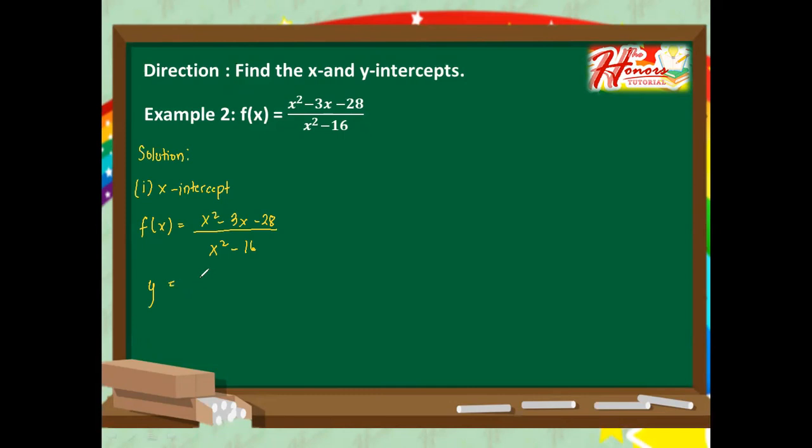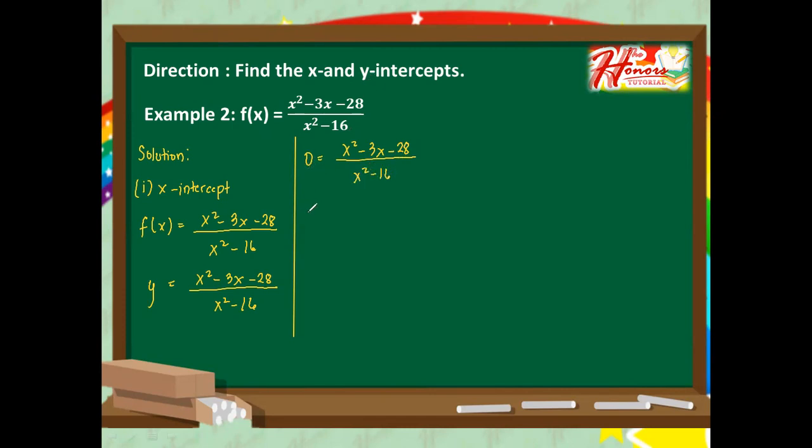So we have here y equals x squared minus 3x minus 28 over x squared minus 16. And then we have to change y to 0. Then it will become 0 equals x squared minus 3x minus 28 over x squared minus 16.